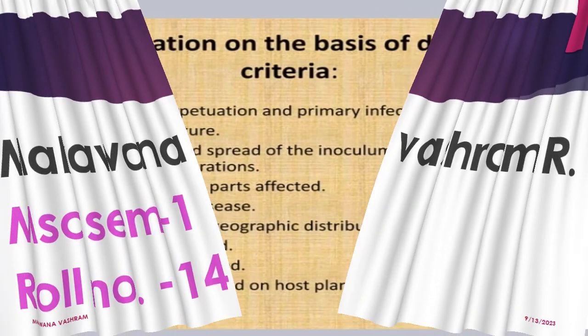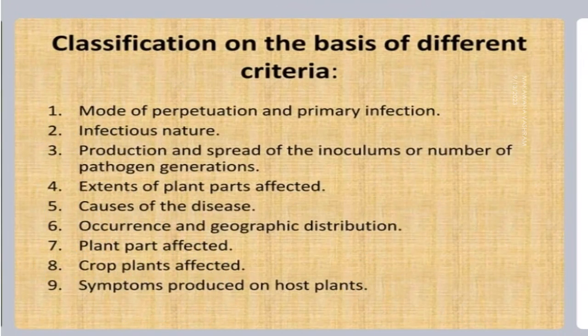So classification on the basis of different criteria we will cover in this presentation: mode of perpetuation and primary infection, infectious nature, production and spread of the inoculum or number of pathogen generations, extent of plant parts affected, causes of the disease, occurrence and geographic distribution, plant parts affected, crop plants affected, symptoms produced on host plants.